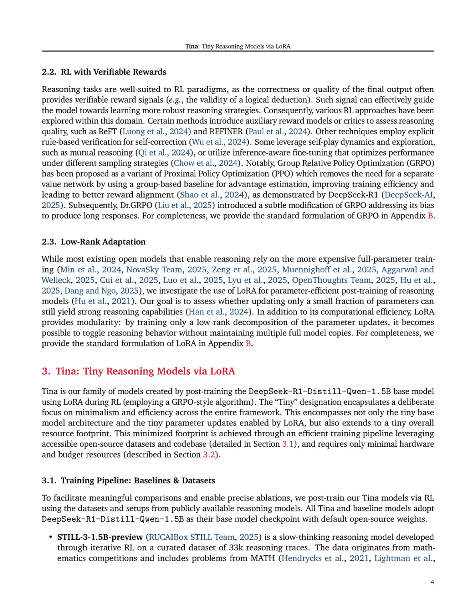First, during the RL phase, TINA employs a GRPO-style algorithm to facilitate efficient learning from verifiable reward signals, allowing the model to explore various reasoning paths and adapt its output format without extensive computational resources.